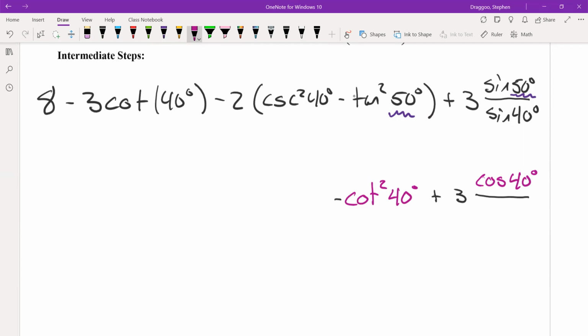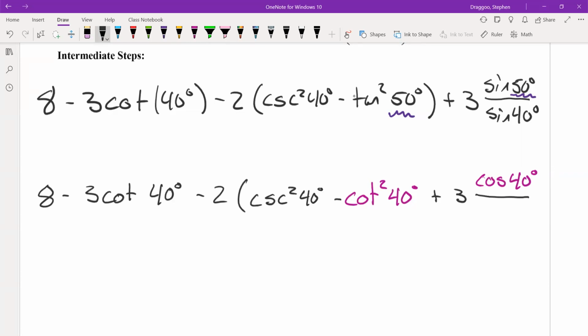Right, now that I've rewritten those two 50-degree angles as 40-degree angles instead, I'm going to leave the rest of my problem alone. So this is still 8 minus 3 cotangent of 40 degrees minus 2 times cosecant squared of 40 degrees. And this sine of 40 degrees in the denominator over there, I'll also leave that the same.